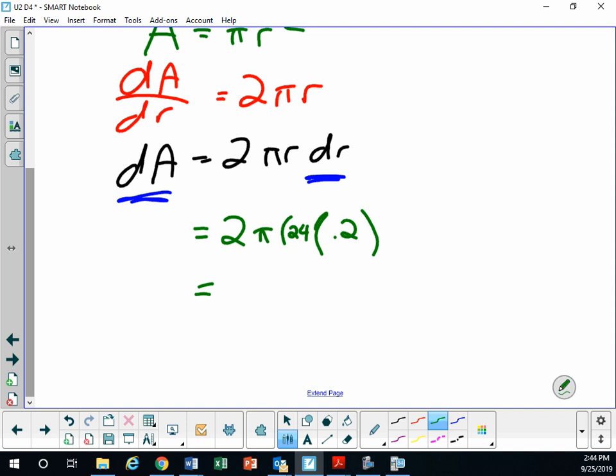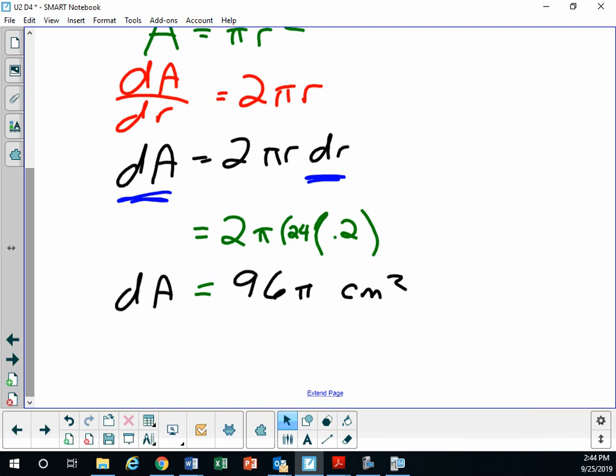And I know that if my radius is only changing by 0.2, my area could be off by as much as 96 pi. This is centimeters squared because of area. That's the differential, the error that the area could be off by. This is your maximum error, because this is the max amount of error that I could be off by.